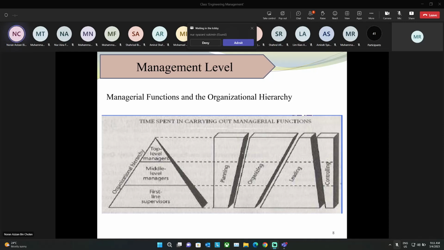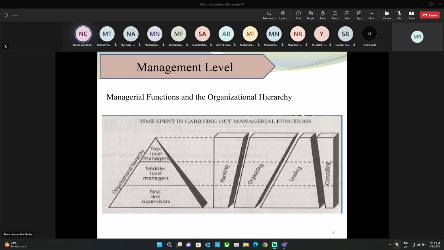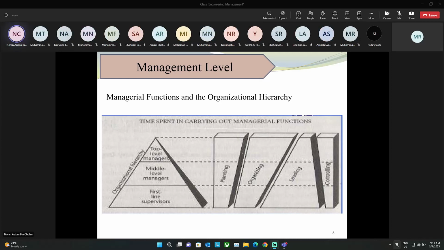Organizing is basically about the organization structure. Top level managers spend less time on leading. Leading basically deals with people, with technicians, or with customers. So they don't go into that. Usually they get information from the chief engineer or engineer.